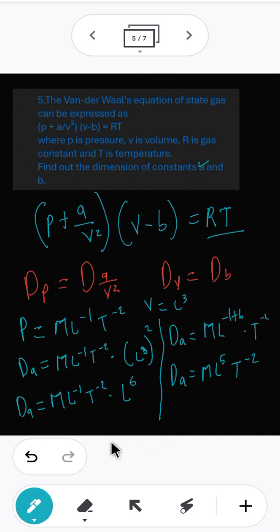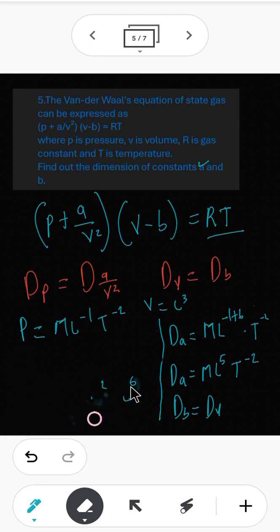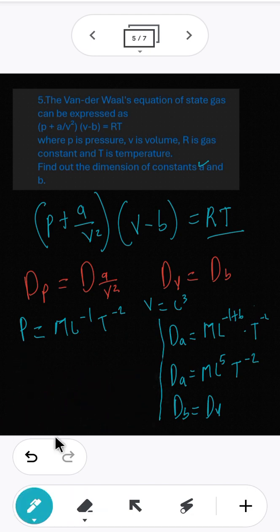Now for the dimension of constant B, they said the dimension of constant B is equal to the dimension of volume. So the dimension of constant B is simply going to be L cubed. So we have gotten the dimension of A and the dimension of B without even making use of temperature and gas constant.